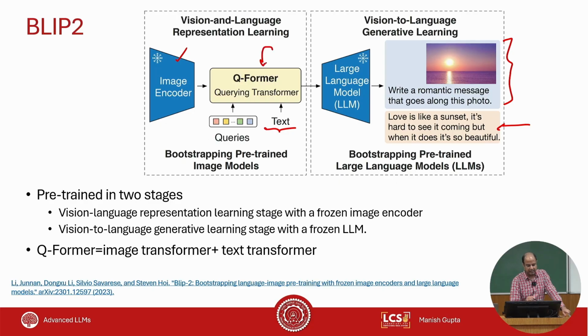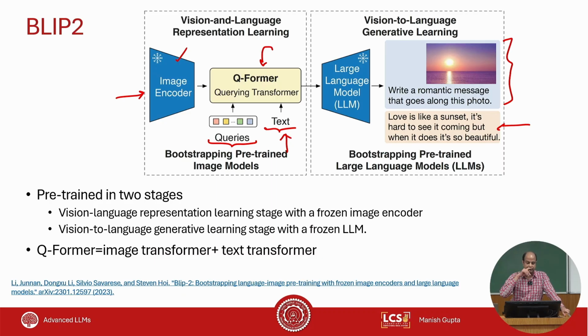This QFormer, as they call it, is literally a perceiver resampler, a similar kind of method. I will talk about that on the next slide. It takes learnable queries, which are vectors that have to be learned. Your input contains image and text, obviously. The image goes to the image encoder, and the text goes to the text encoder, or rather this querying transformer.